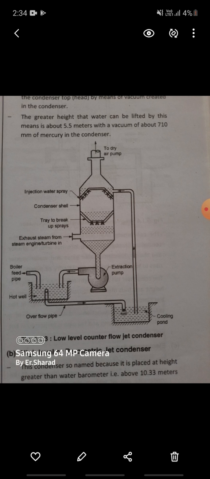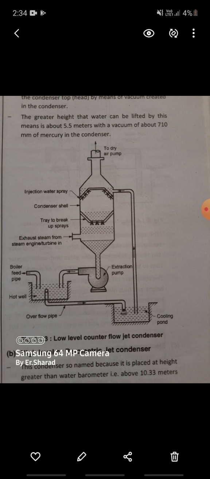In this, the condensing chamber is at low level and the overall height of the unit is low, so the condenser may be directly placed beneath the steam engine or steam turbine.